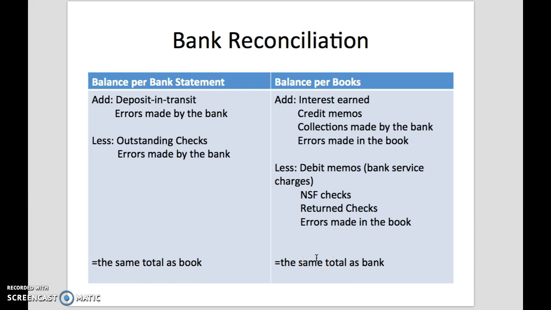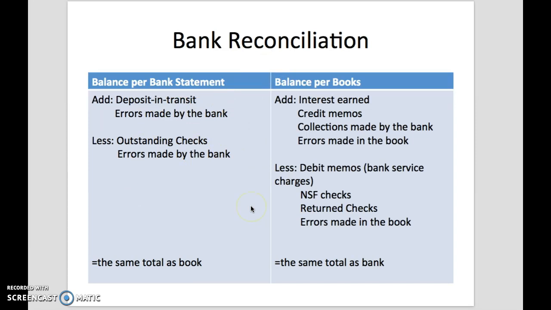Now take note that bank reconciliation is for your own record only, meaning even though you're adding and subtracting things here, it doesn't mean that you call the bank and tell them, hey, there's a deposit in transit amounting to 500. You don't do that. They will eventually realize the time delays, and in the next month, you'll see that in your bank statement. But the purpose of bank reconciliation is just for you to check, where did my cash go?